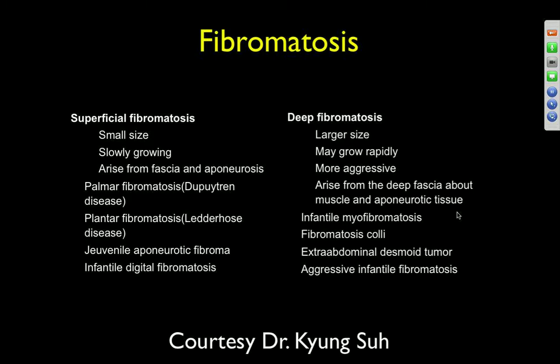Now, fibromatosis, we'll see a lot of different examples of fibrous lesions called fibromatosis within the body. Certainly, there is a very aggressive form that's malignant, especially in the torso of the body.